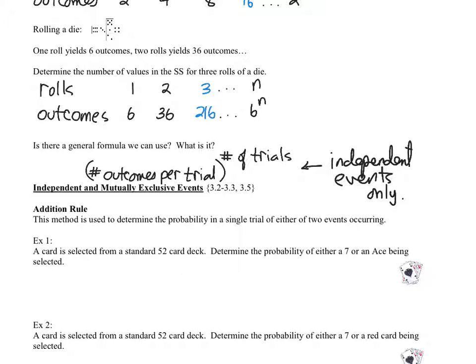Like if you flip a coin 30 times, for any one of those trials, the probability of getting heads is still 1 out of 2. But if I withdraw a card from a deck and don't put it back in the deck, it has impacted the overall probability of selecting some other card. It may not impact the number of the other type of cards, but it'll impact the overall number of available cards. So it will have some kind of impact.